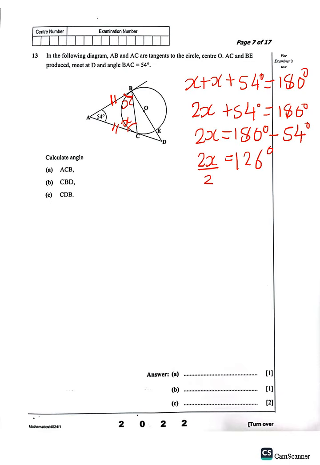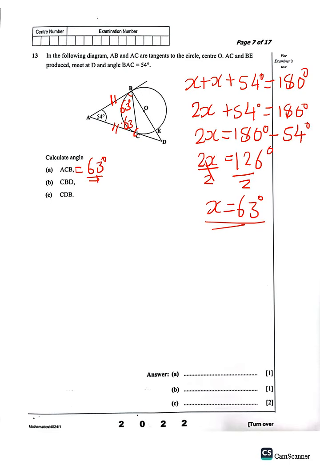Then you divide by 2, so our x is equal to 63. So each angle there is 63. So here we have 63, here we have 63. So angle ACB is equal to 63 degrees.